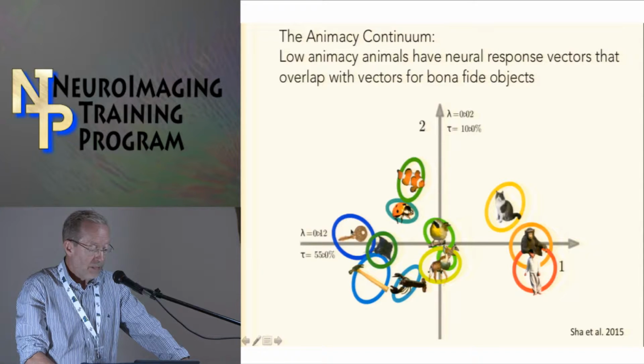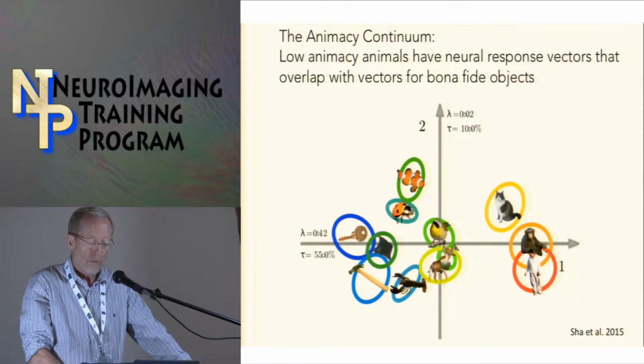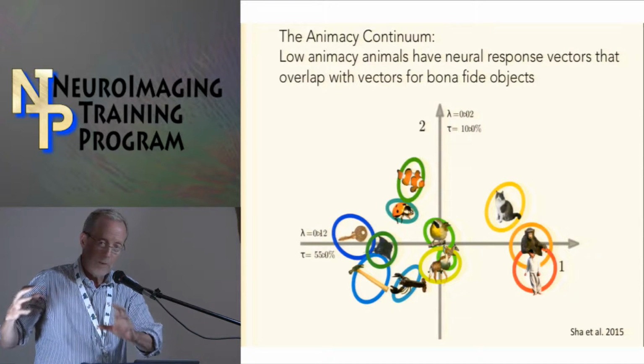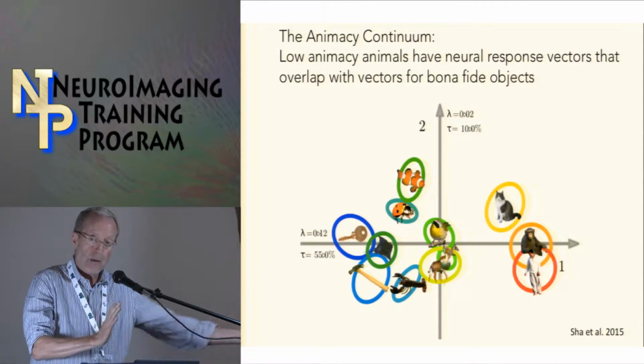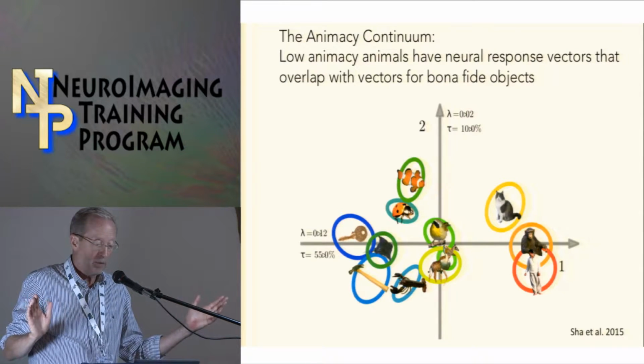But the keys and the hammers really overlap with the low animacy entities. So we thought, when we set this experiment up, that we were going to show that all the animate things were on one end, with an animacy continuum, then there's going to be a big gap with the inanimate things way over on the other end, replicating the animate versus inanimate distinction.